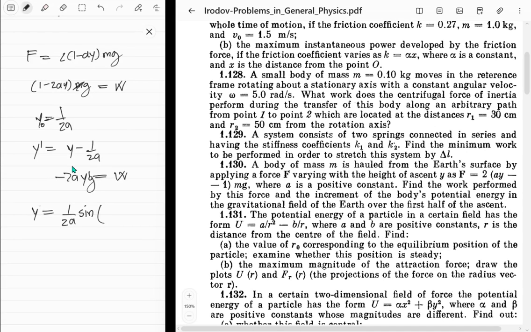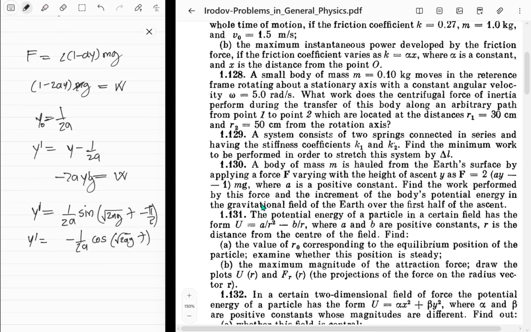Oh, it should not be y, it should be y dash, but you get the idea. And then you got square root of 2ag times time minus pi upon 2. So y dash is just negative 1 upon 2a cosine of square root of 2ag times t. Now you have this. Cool.